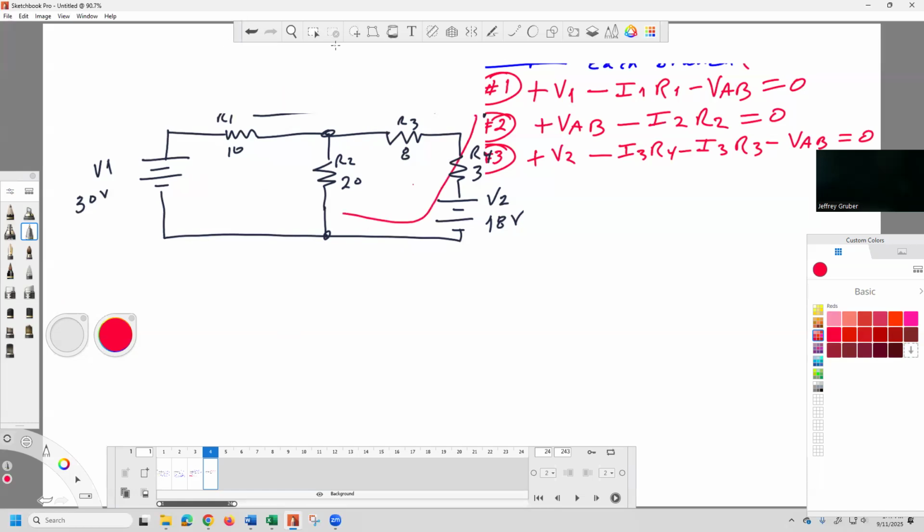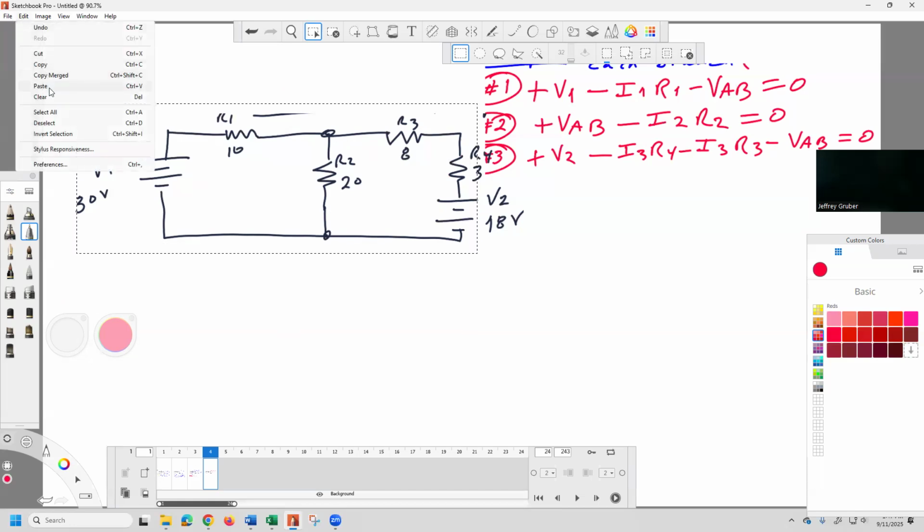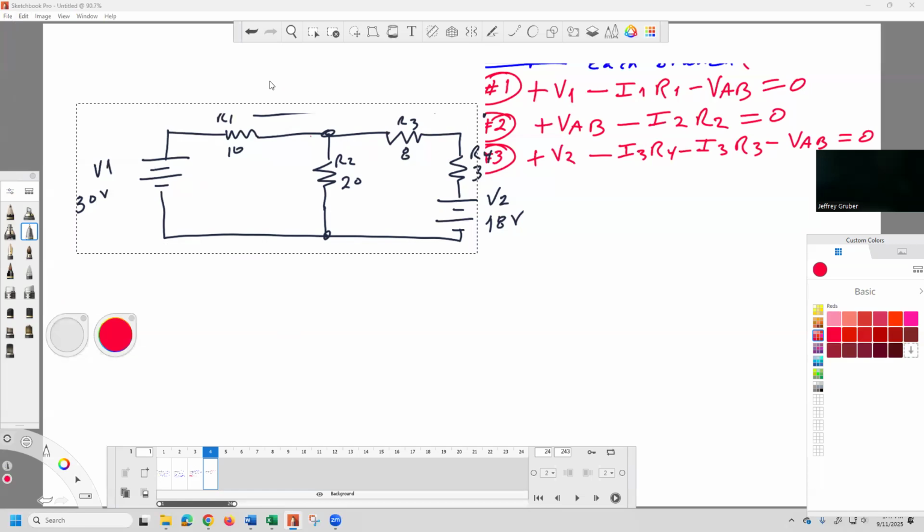Not that way. Delete this. Edit. Why can't I hit the escape key and have this go away?